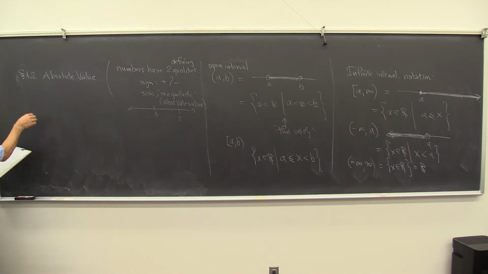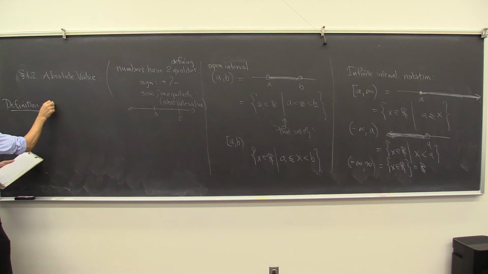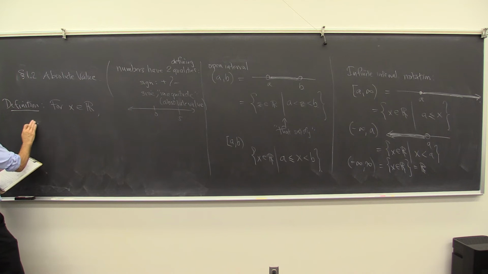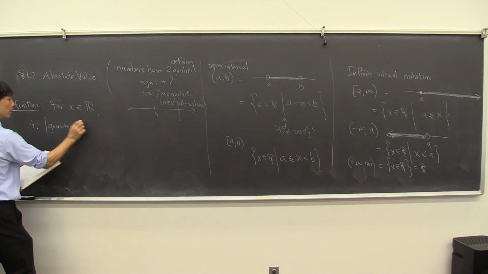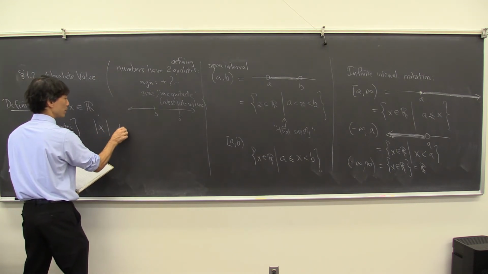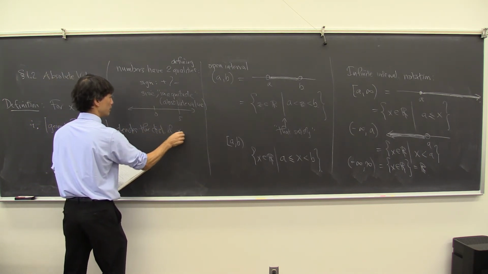Okay, so let's define the absolute value function. For a real number x, the first definition is going to be a geometric definition. This symbol denotes the distance of x from 0.